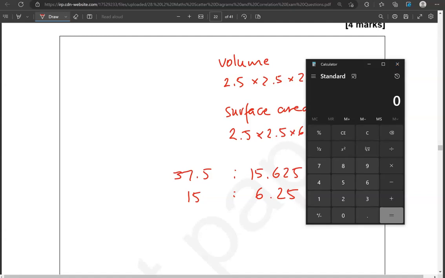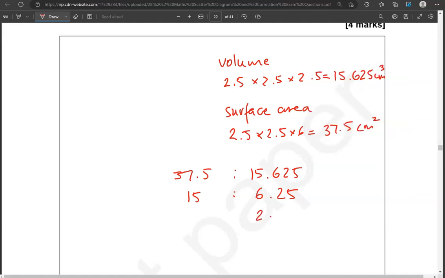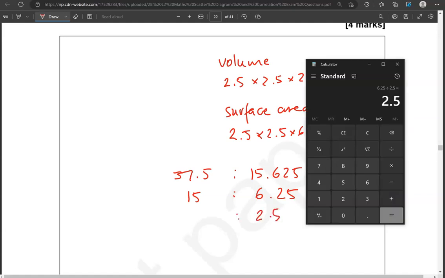I can divide these further by 2.5, so 6.25 divided by 2.5 gives me 2.5, and 15 divided by 2.5 gives me 6.